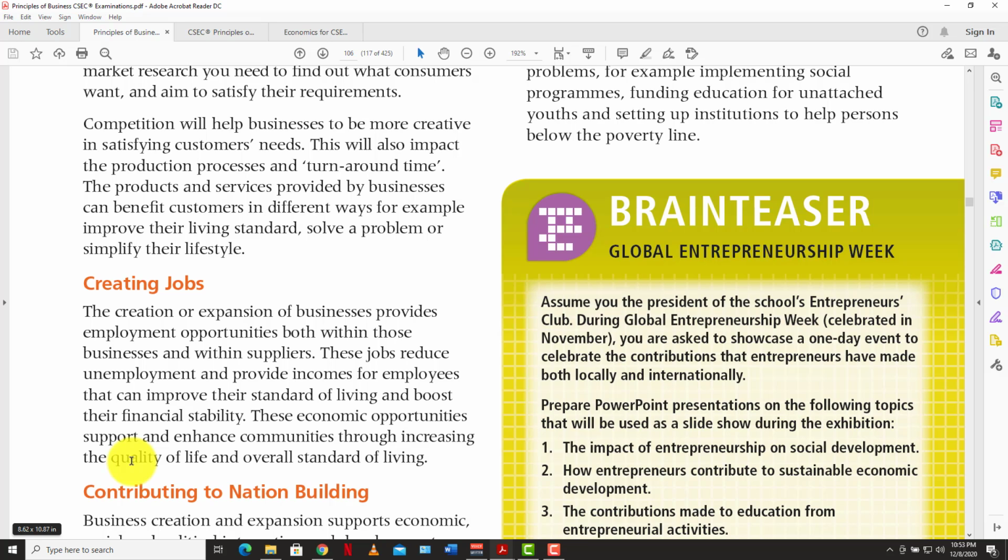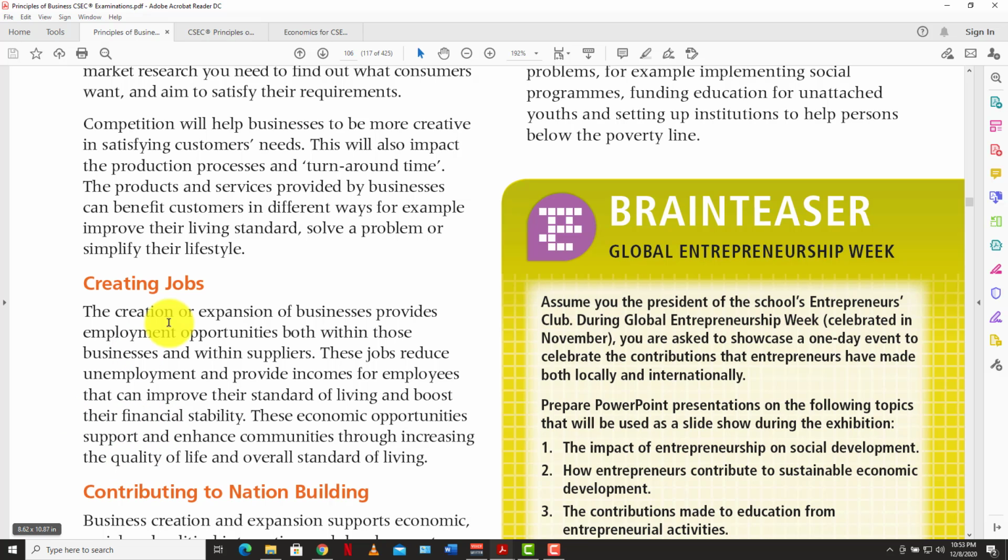So of course job creation is one of the key things that businesses allow to happen in an economy, thus reducing the unemployment level and increasing the overall standard of living and quality of life in a country. So you can break it down into social and economic if you want, but this alone, quality of life and standard of living, can show both social and economic development.